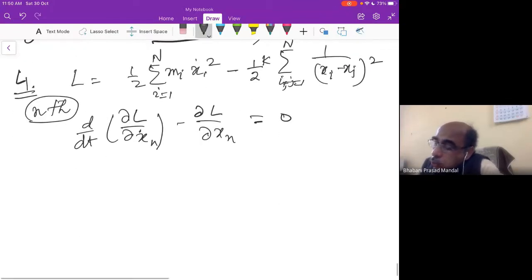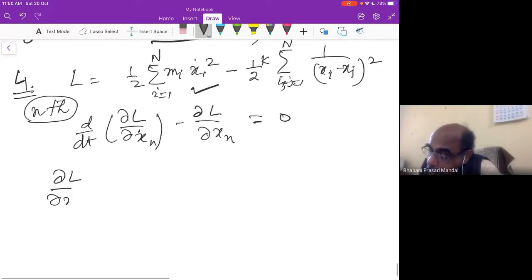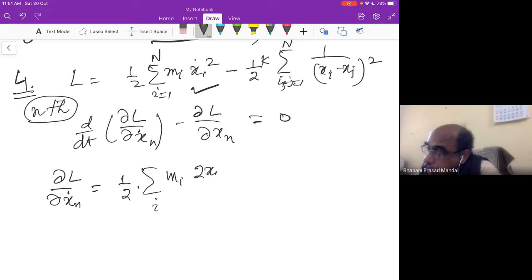So I'll show you. Suppose this term, del L del xn dot. Half is there, then mi is a constant, and the sum over i is there. So mi will be there, and xi dot square will give 2 xi dot. Then xi dot has to be differentiated with respect to xn dot. So this will give you delta i n.